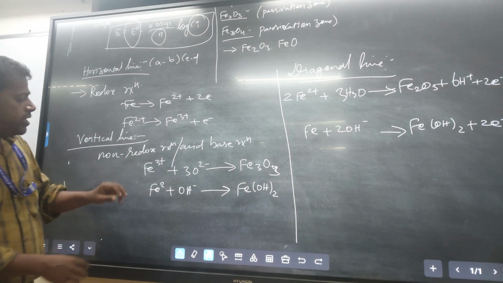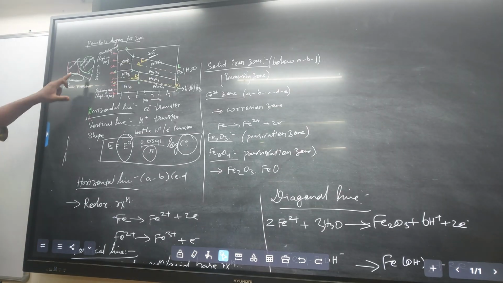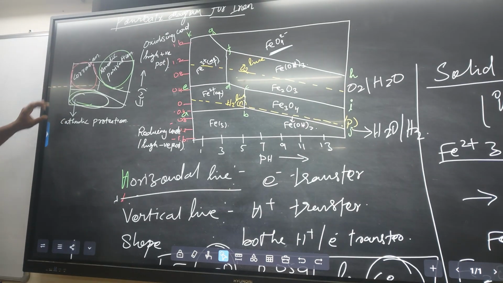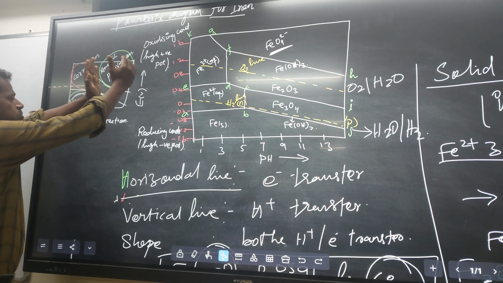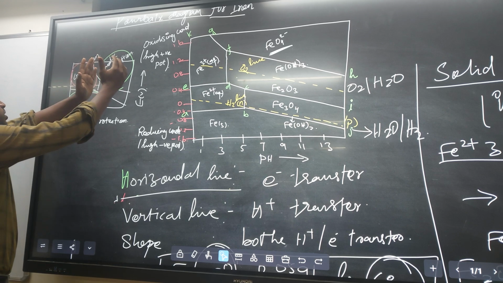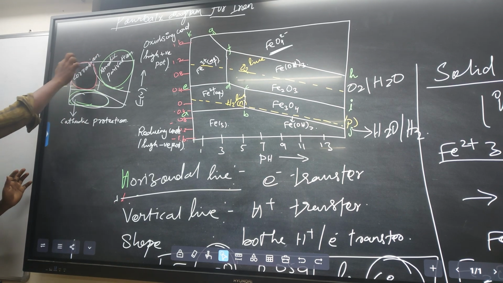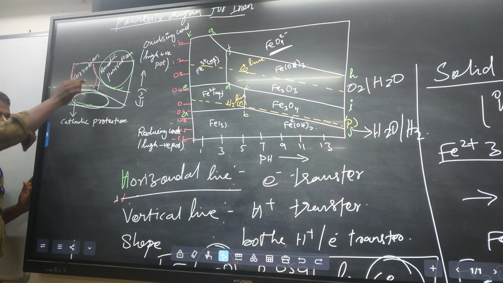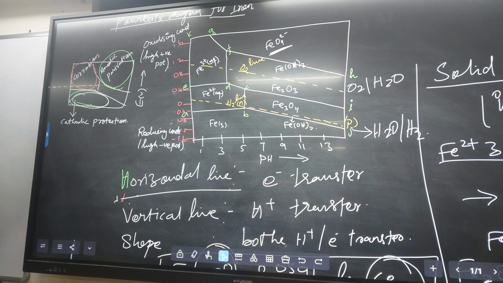Finally, you write this diagram. Overall, this diagram shows the cathodic protection, anodic passivation, anodic protection and corrosion zones. When the metal is here, you have to move either to the cathodic side or else to the higher pH side. That information we get from the Pourbaix diagram.